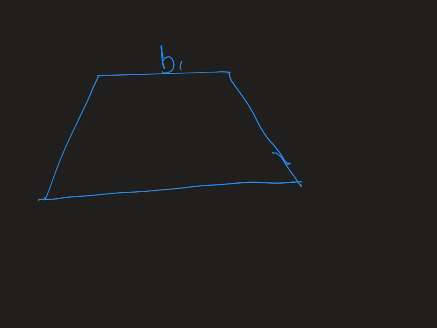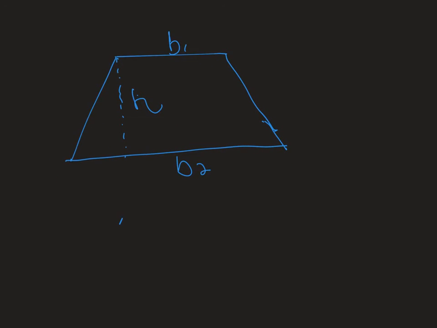Finding area of, let's do a trapezoid, okay? Now remember, on the trapezoid, you're going to have B1, B2, and you're going to have a height. Okay? So what's the formula for area for a trapezoid?